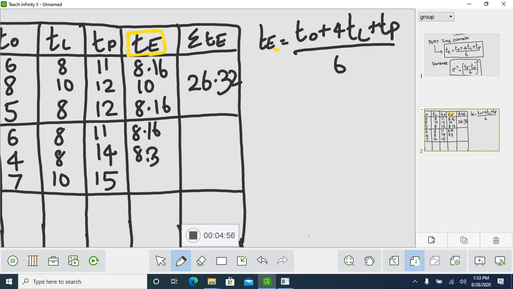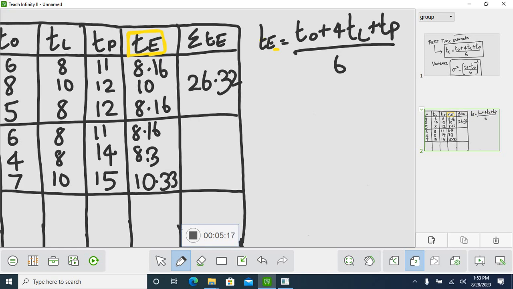Next for 7, 10, 15: 10 times 4 is 40, plus 15 plus 7 is 62. 62 divided by 6 is 10.33.